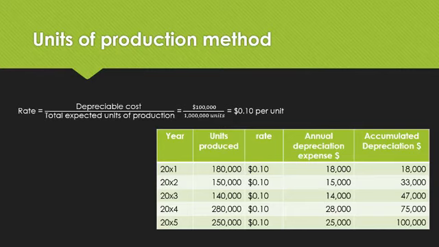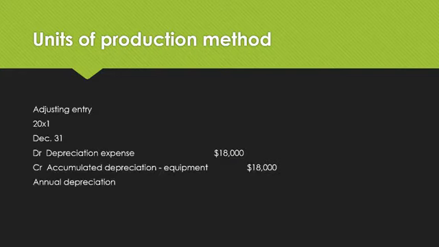As you notice, the accumulated depreciation in this case is $100,000 during year 20x5. So to journalize the first year depreciation when you use the units of production method, debit depreciation expense and then credit accumulated depreciation, $18,000.